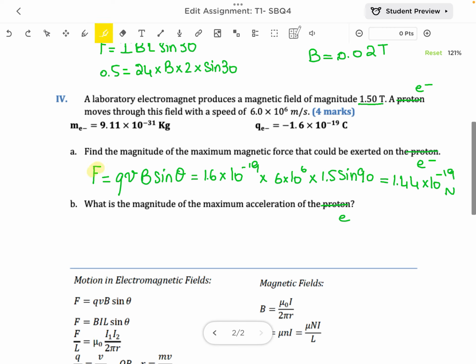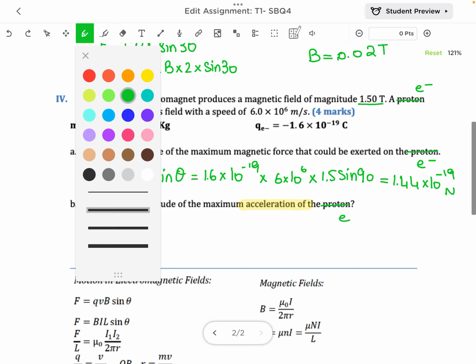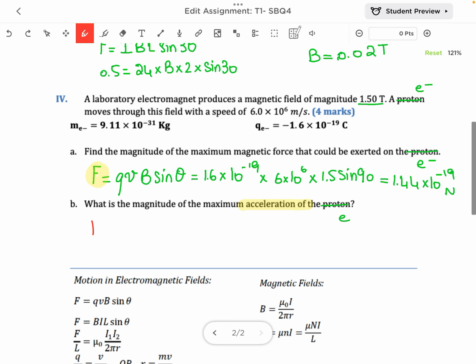Now that I have the force, how can I find the acceleration? What's the equation that links force and acceleration? F equals m a. Amazing. I have the mass.